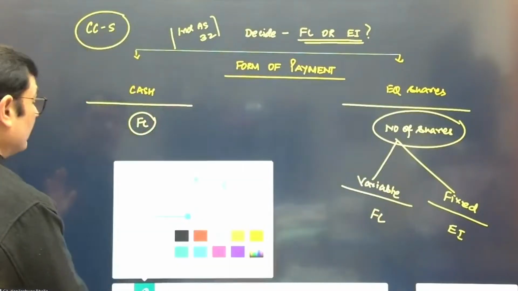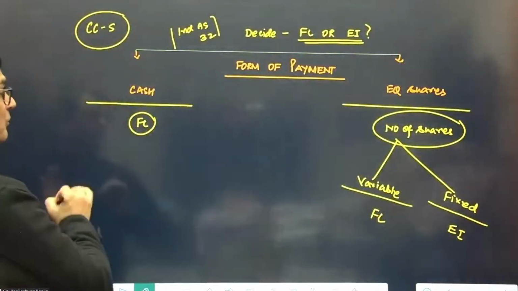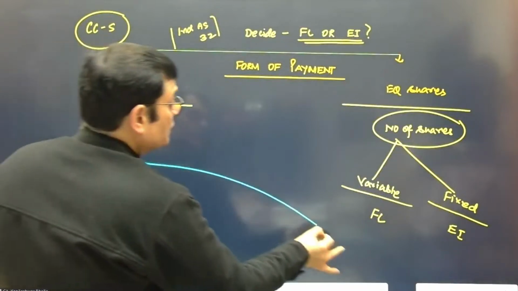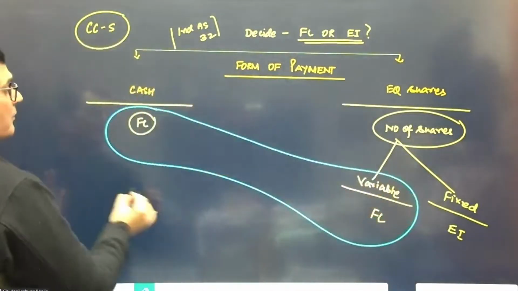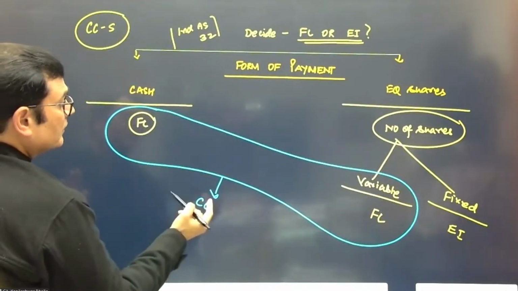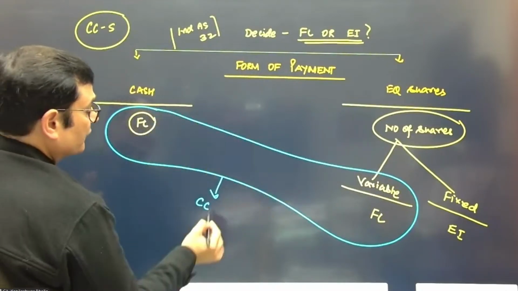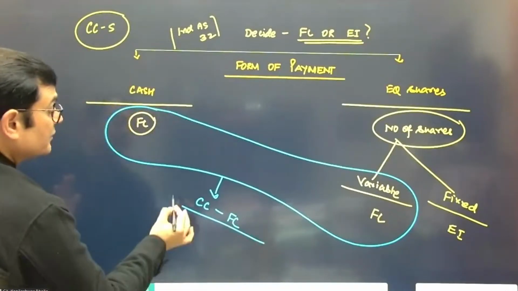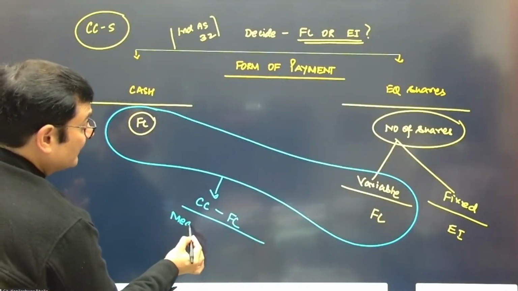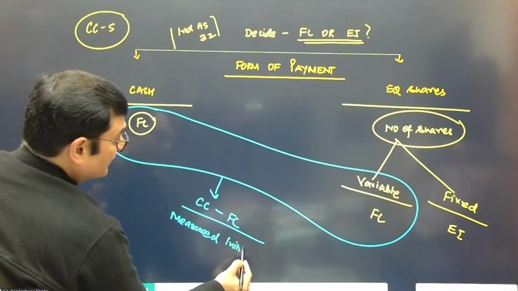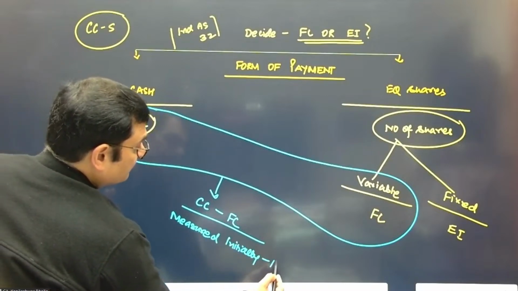Now, remember the inputs we did in financial instruments. If the contingent consideration is a financial liability, it is measured initially at fair value.